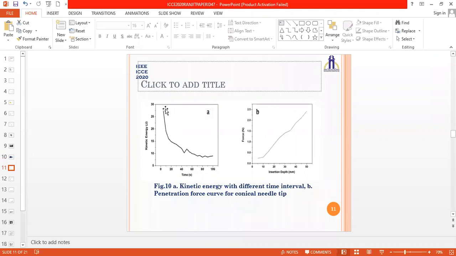Initially the kinetic energy is 0, and when the needle tries to insert, it becomes maximum, and whenever the needle is totally inserted into the gel material, it decreases, but the needle force increases linearly with the depth of needle injection.